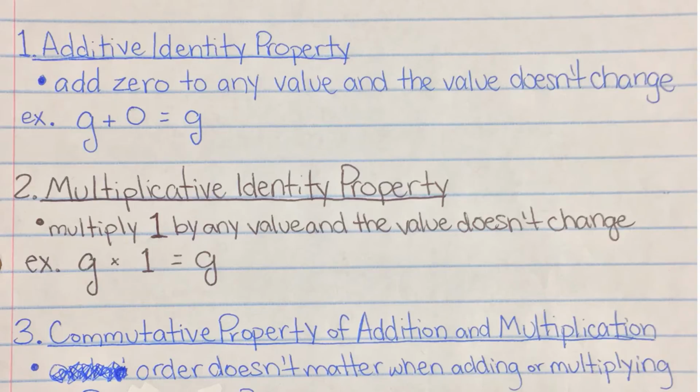So right off the bat, we know from the title that it has to do with an addition problem because we have additive here, and identity, which we talked about a couple lessons ago, refers to the fact that the original number we start with doesn't change, that it keeps its identity. So we have an addition problem where the value doesn't change, and that's the rule.